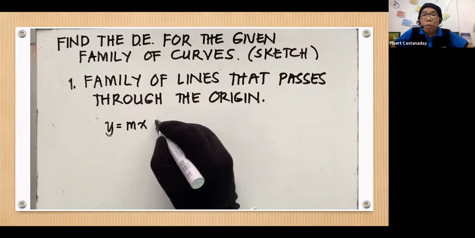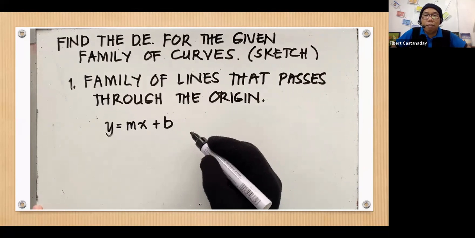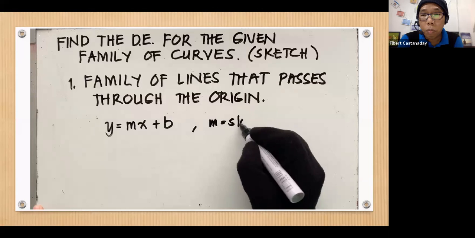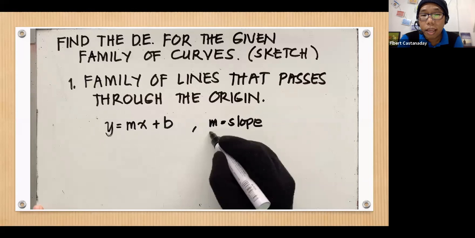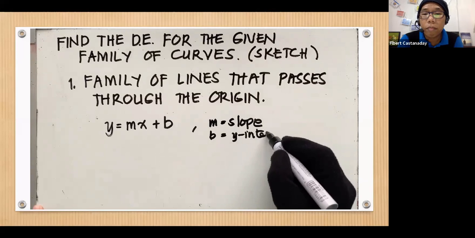So you remember yung slope-intercept form equation ng line? Alam niyo ba to? Baka bago to sa paningin niyo. Yes. So I have written here y is equal to mx plus b kung saan yung m is the slope and b is the y-intercept.